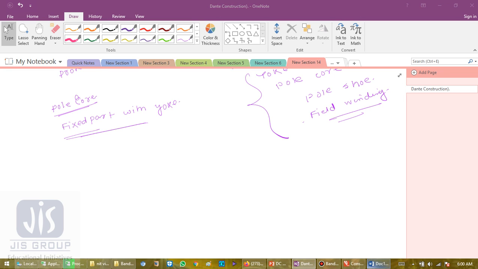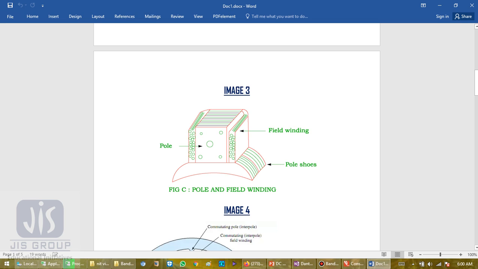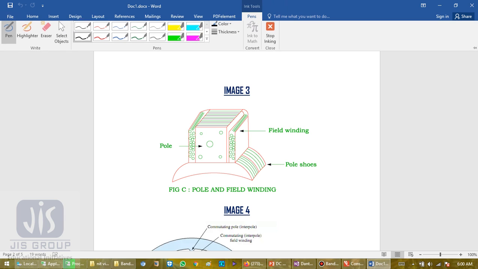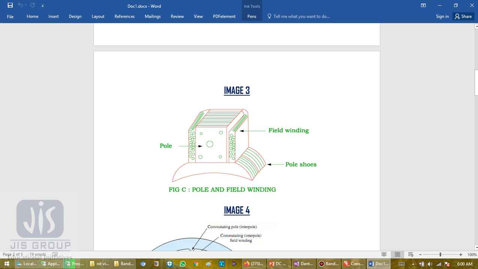If you see the diagram, so you see here, this whole part which is fixed with this pole, this total fixed part is called the core.